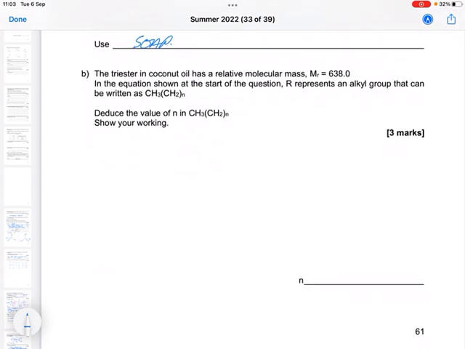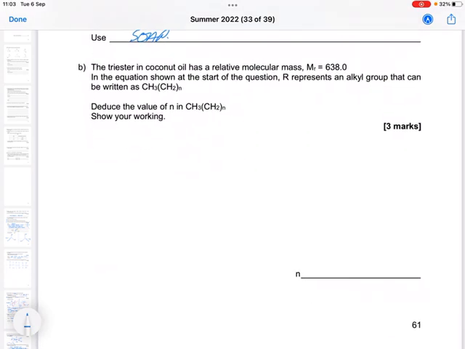The triester in coconut oil has a relative MR of 638. In the equation shown at the start of the reaction, R represents an alkyl group that can be written like this. Deduce the value of N in that chain there. Right, okay.